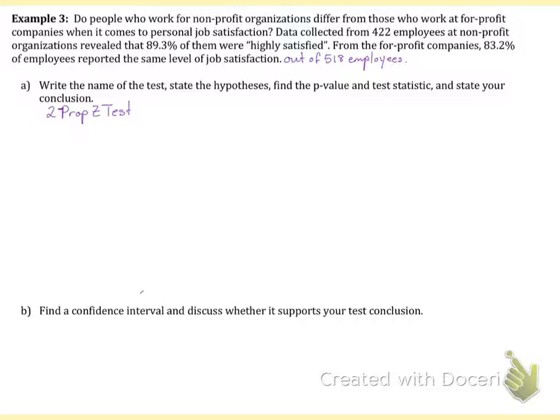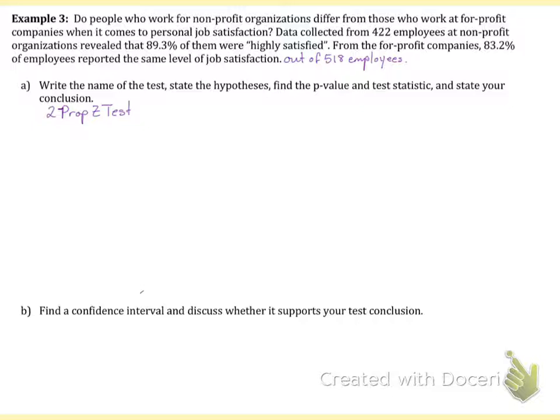It does not say that it was in the problem, but it should. We also need to make sure that the samples are independent from each other, that there's no crossover. There's no person that was in the first sample and the second sample, and no relationship between anybody within the samples. So I think we can assume that since we're talking about people working for different companies here.